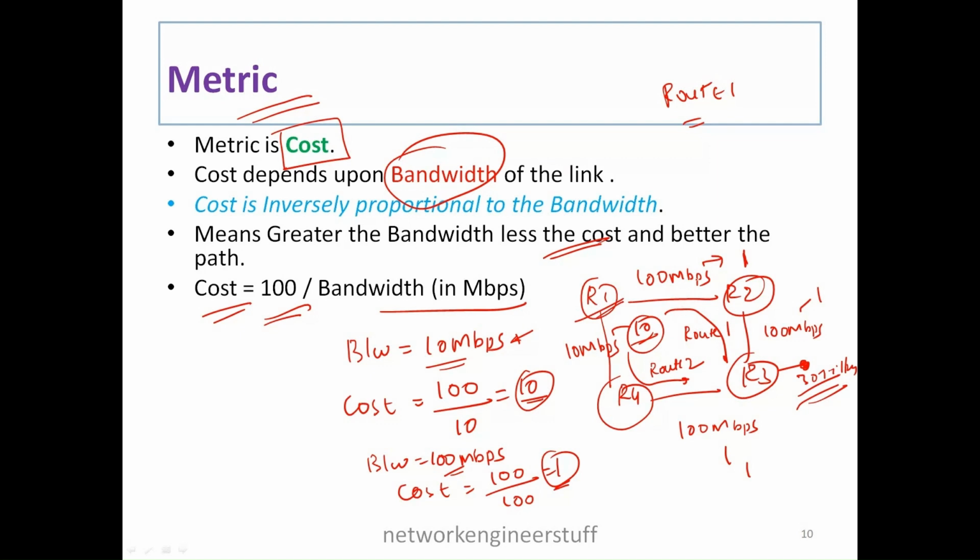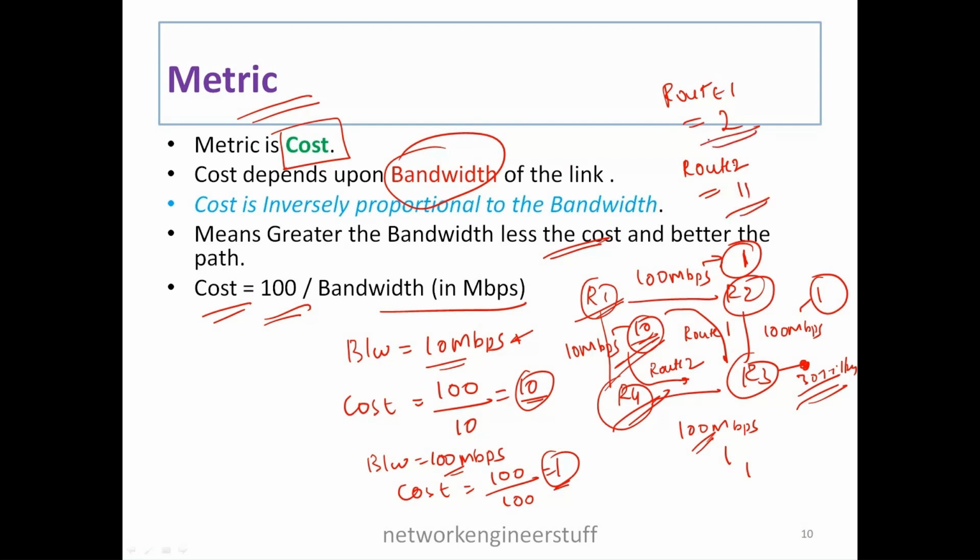The total cost will be 1 plus 1, which is 2. And for route 2, which is via R4, the cost of this link is 10 and of this link, 100 Mbps, is 1. So it is 10 plus 1, which will be 11.